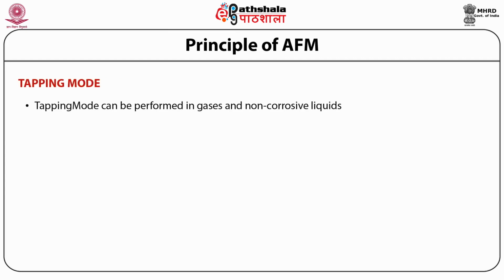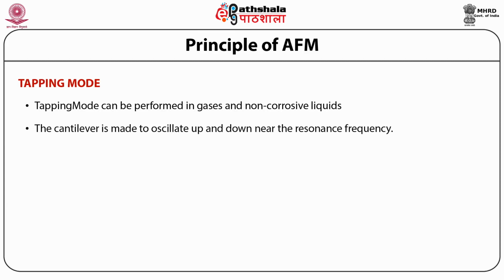The tapping mode can be performed in gases and non-corrosive liquids. The cantilever is made to oscillate up and down near the resonance frequency. The amplitude of oscillations is usually a few to several nanometers.